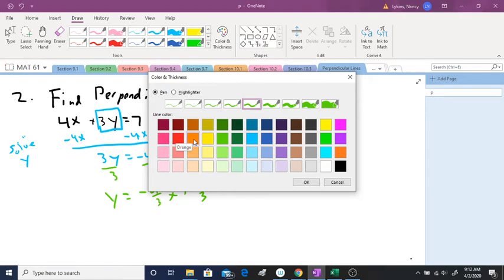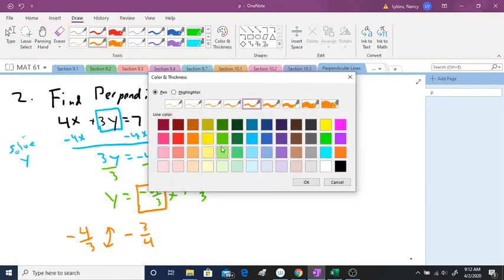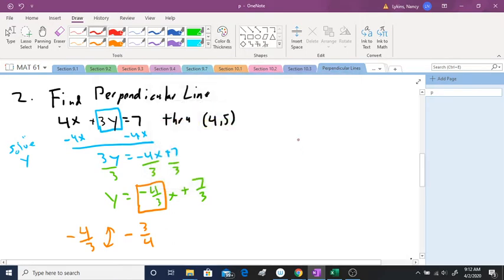Now what I need to do is look at my slope. It's negative 4/3. So what I'm going to do is take negative 4/3 and flip it. And now it's going to be negative, but now the 3 goes on the top, 4 goes on the bottom. So my new equation starts out now with negative 3/4 x.